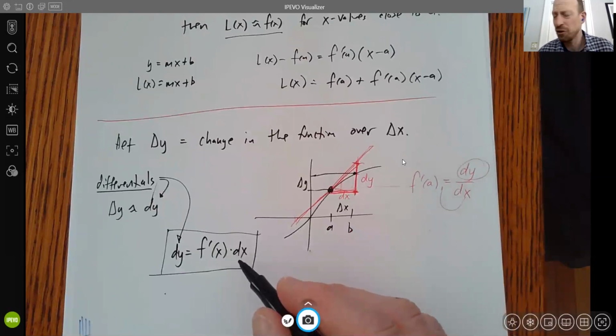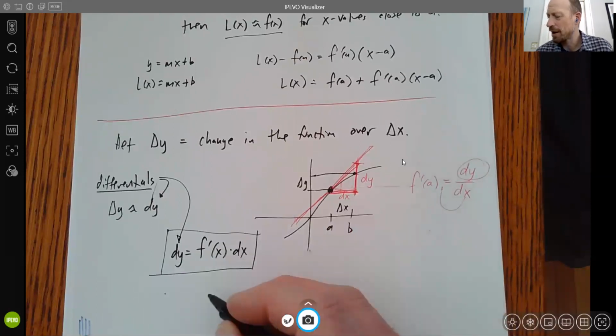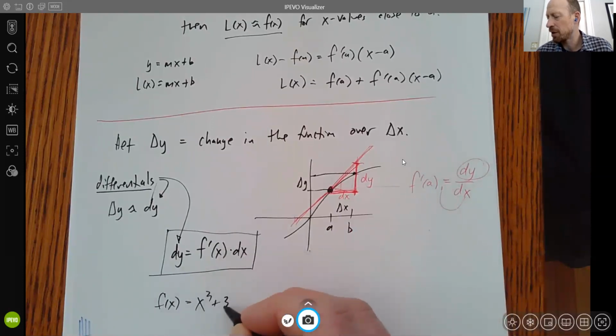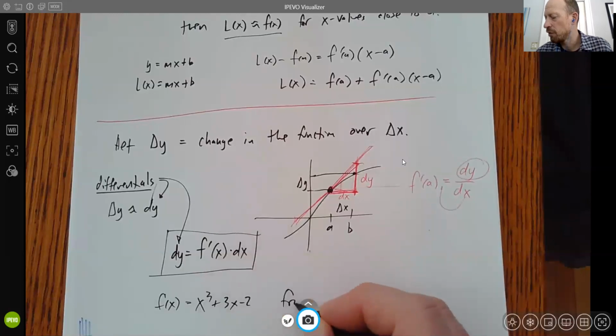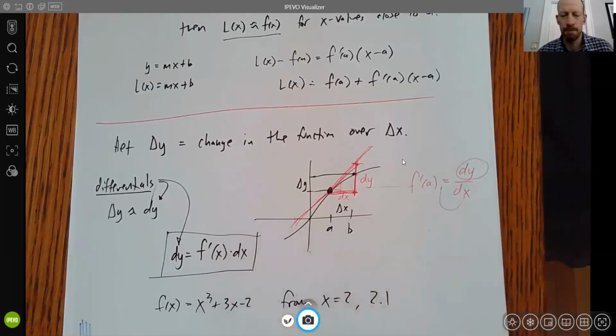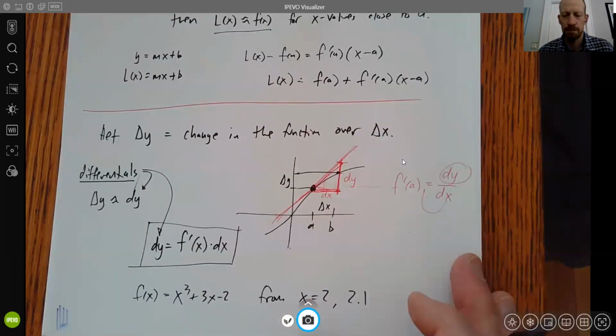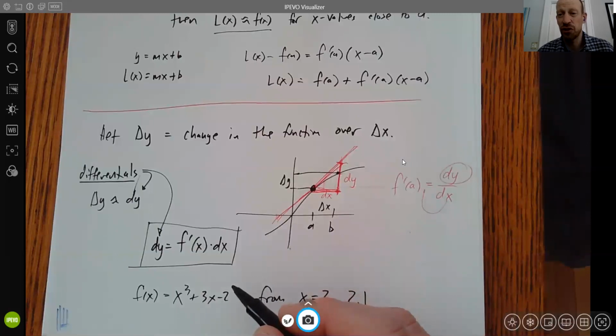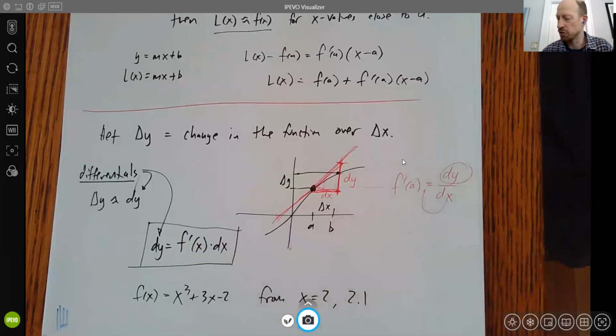So if they tell you, approximate the change in the function f of x, whatever it is, x cubed plus 3x minus 2, from x equals 2 to 2.1? Well, if we're going to approximate the change in the function over this interval, we're going to use this differential dy.